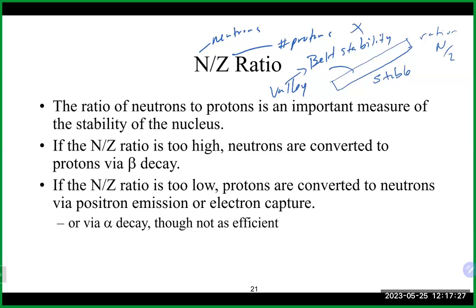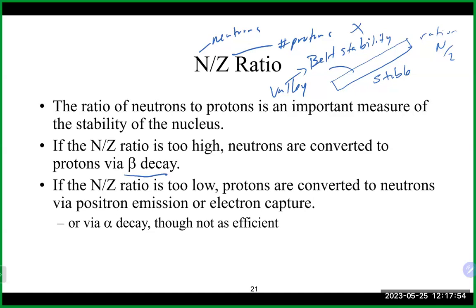In order to bring it back down to a more stable ratio, that unstable nucleus will go through radioactive decay, and it actually will go through a beta decay process. So if you find yourself too high from the valley of stability, to bring yourself back down, that nucleus will undergo a beta decay process.